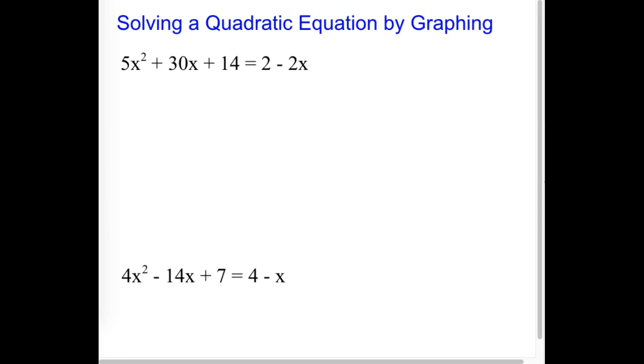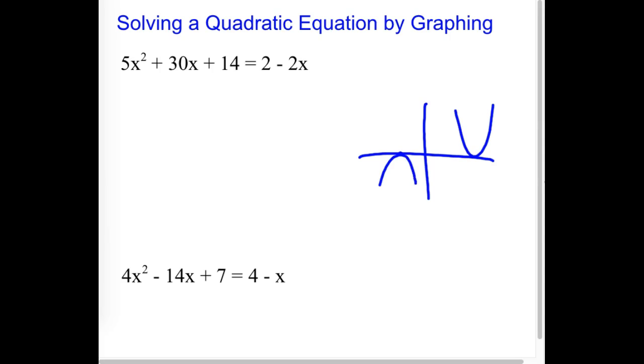Back to our question. If we only got one solution, does it mean it's the vertex? In other words, is there any way for a parabola to touch the x-axis in just one spot and it's not the vertex? We could have it like this. We could have an upside down one, right?